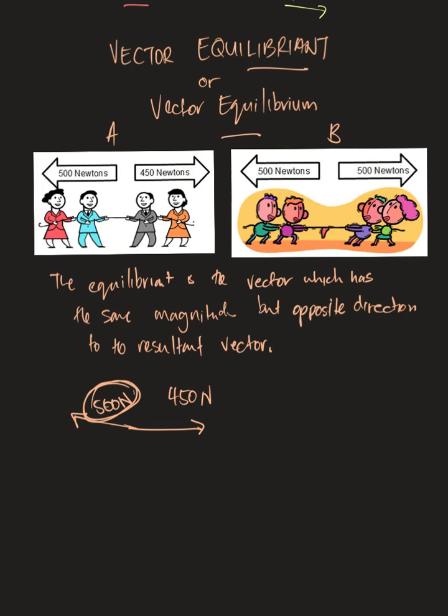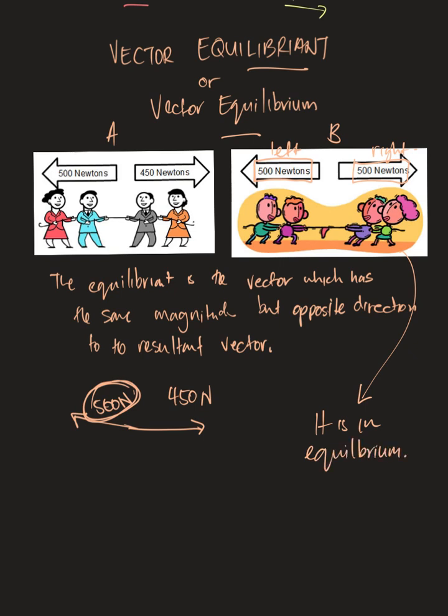However, when I have two equal forces, here I've got 500 newtons pulling left and 500 newtons moving right. Can you see they're equal to each other but moving in opposite directions? If I see this situation, it is in equilibrium.